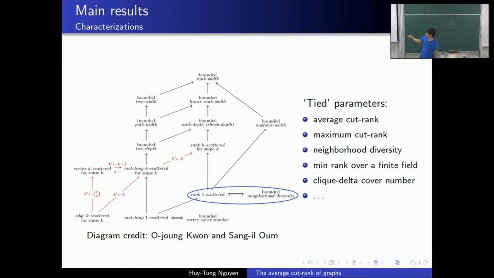And in fact, by the previous theorem, we can replace the neighborhood diversity by a bunch of parameters like the average cut rank, the maximum cut rank, the min rank over a finite field, and the clique delta carbon number. And somehow you can also replace neighborhood diversity by the number of equivalence classes respecting this equivalence relation. Okay, so we have a lot of things outside there.